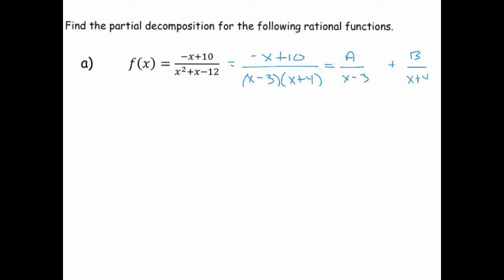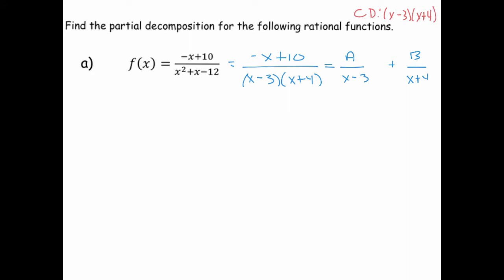Now, to solve for a and b, just imagine that you're on the right-hand side of this equation, and you want to combine these two separate fractions to get one with a common denominator. That common denominator is, of course, x minus 3 times x plus 4.